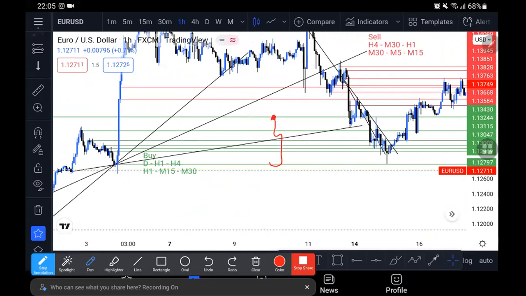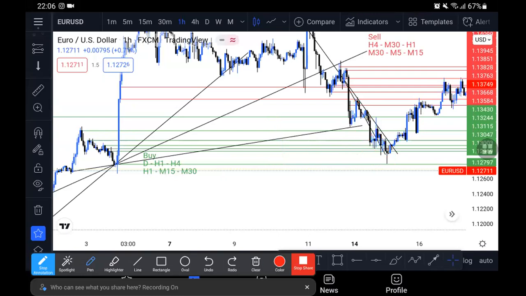So, when the entry at here doesn't give the break of bias, for the next structure, we can put the divergence. Okay. And then at the third touch, we are expecting the price to go. And in this example, like we see over here, this example is success. So this is how we use it.